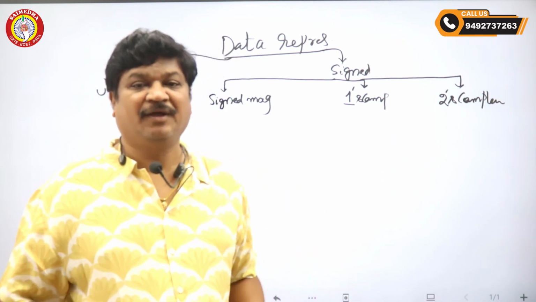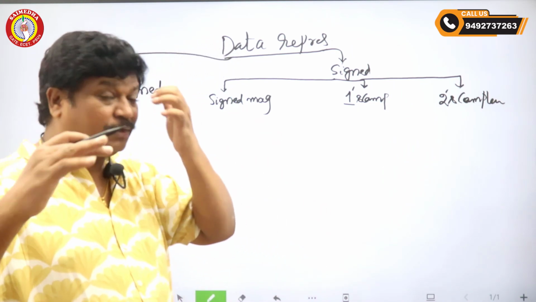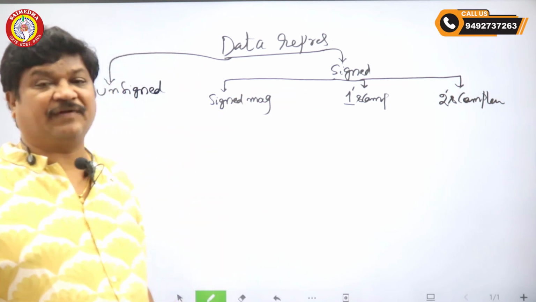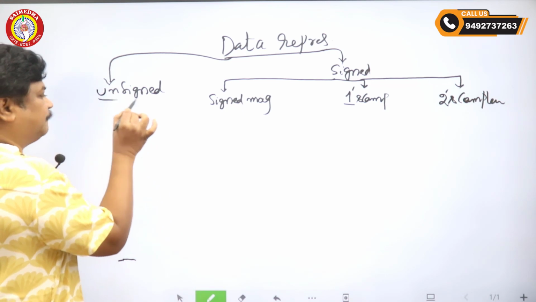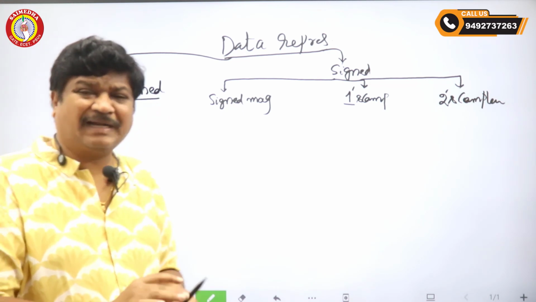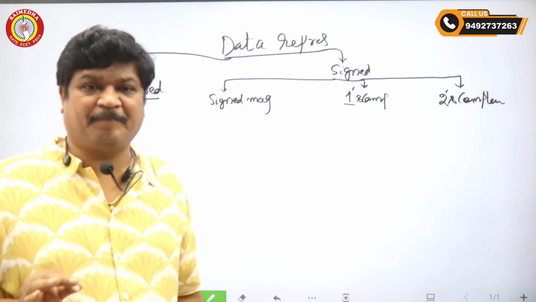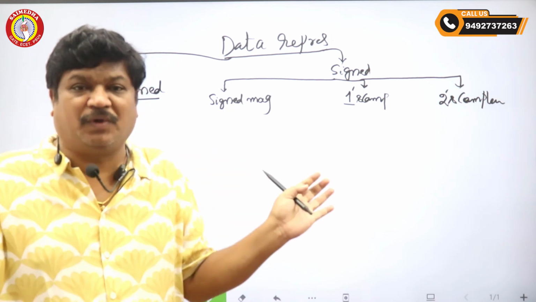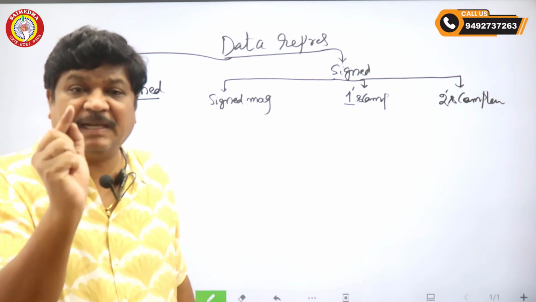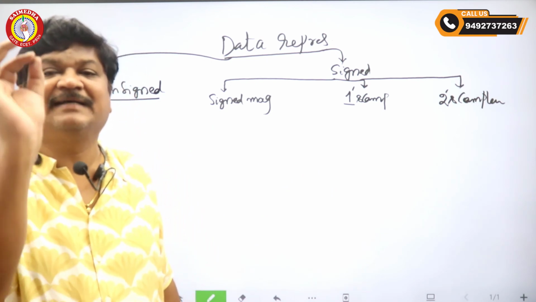What does it mean? What are the categories for defining the different types? In unsigned data representation, whatever bits are available, all the bits will give only magnitude. Even a single bit is not used for the sign.